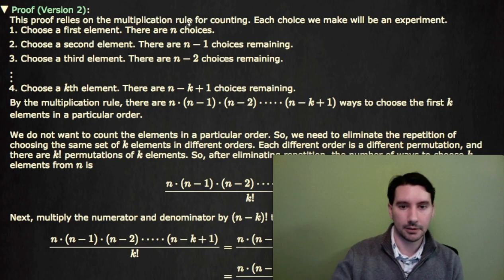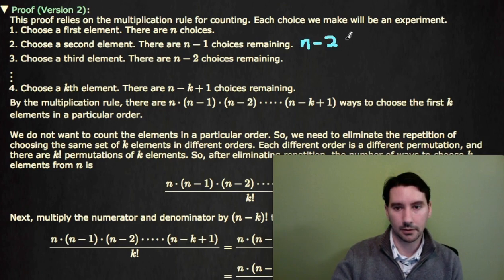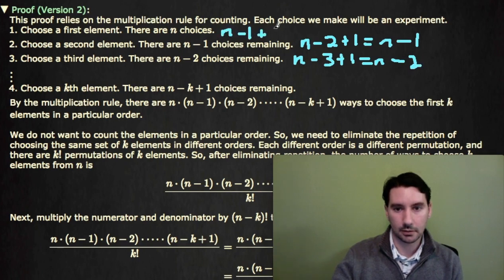Notice that the pattern is always n minus k plus 1. For the first element, it's n minus 1 plus 1, or n itself. For the second element, it's n minus 2 plus 1, which equals n minus 1. For the third, it's n minus 3 plus 1, which is the same thing as n minus 2.